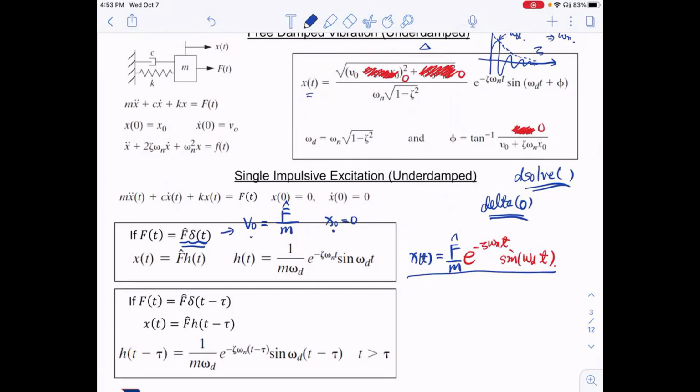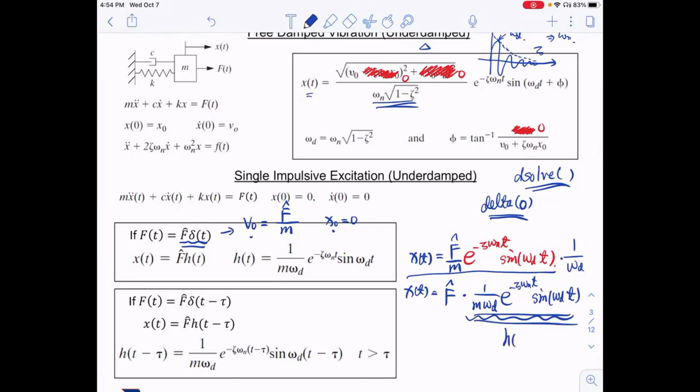Oh, I forgot one thing. There is another omega d in the denominator. That's from the omega n times square root of 1 minus zeta squared. So this is your response. For convenience, in this lecture, we define an h function. The underlined part, we name it h(t).